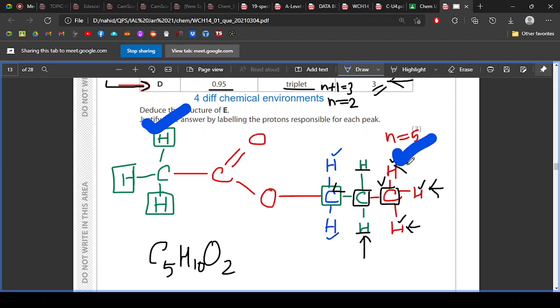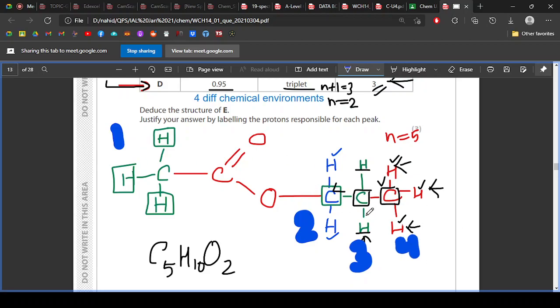The CH3 on both edges? No. So total, how many different chemical environments? This is one, this is two, this is three, this is four. Four different chemical environments.